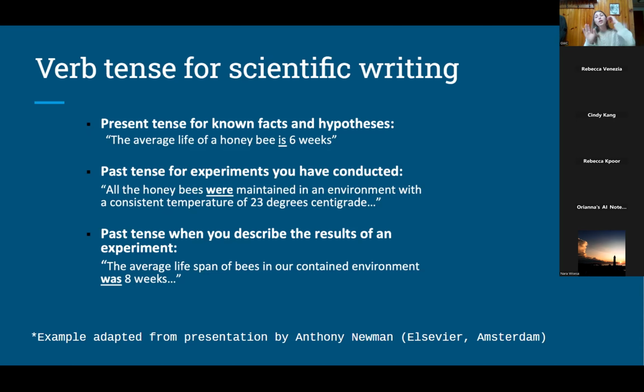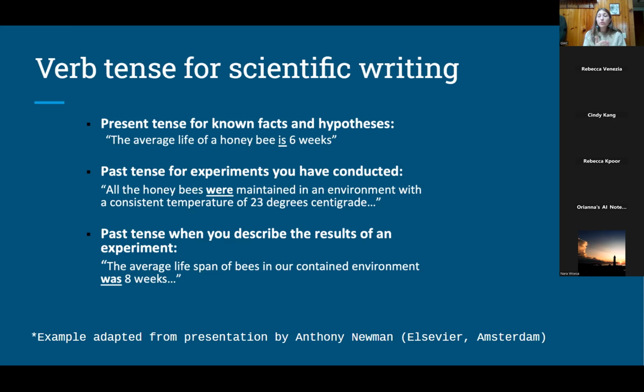Great. If you're writing a proposal and describing methods that you have not done yet, then you're going to actually use future tense. So instead, you would say all the honeybees will be maintained in this environment. So that can be a little bit tricky sometimes.